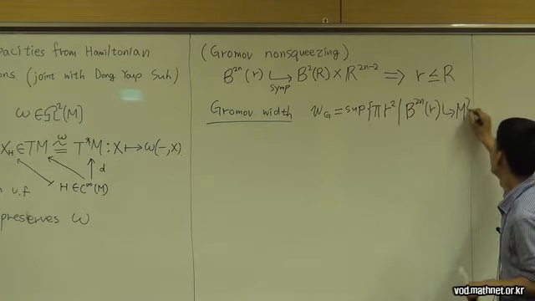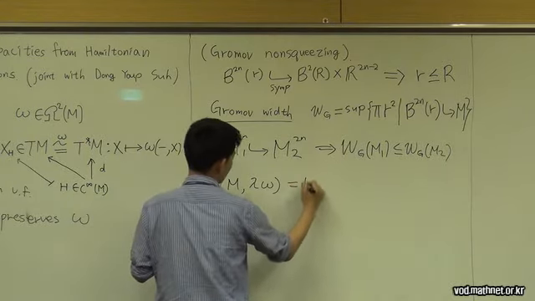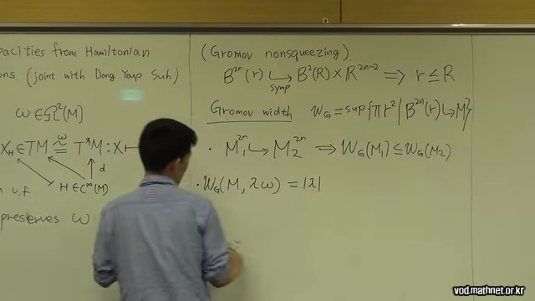The second property is that if we scale the symplectic manifold by a constant lambda, then the width of this is just multiplied by the scaling factor. The third property is that the width of the ball and the width of the product of the disk and Euclidean space is equal to pi.